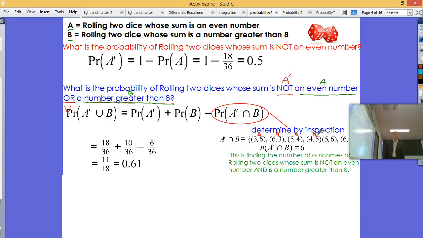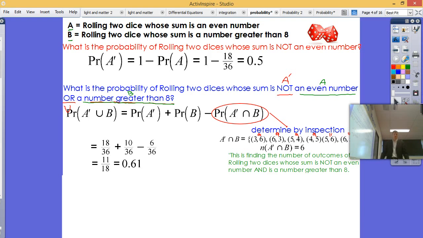And then what's the next odd number? 11. 5 and 6, and 6 and 5, they sum to give 11. And that's all the numbers greater than 8 that I can roll on 2 dice. So I've got 6 of them there. I found it by what's called inspection, inspecting all the outcomes for an event.